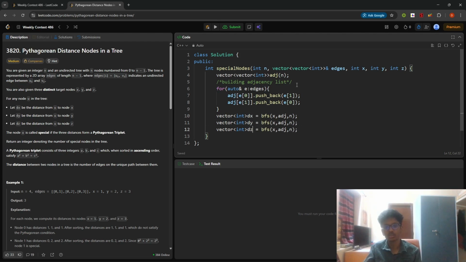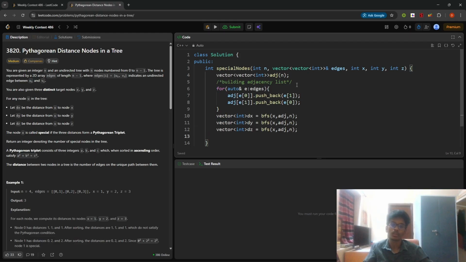How to get this bfs intuition? It's very simple. Either you can apply some sort of shortest path algorithm and you'll get the same distance array, either you can use Dijkstra, or if you have done the rotten oranges problem or any problems using multi-source BFS, this is a simple multi-source BFS with a single source basically.